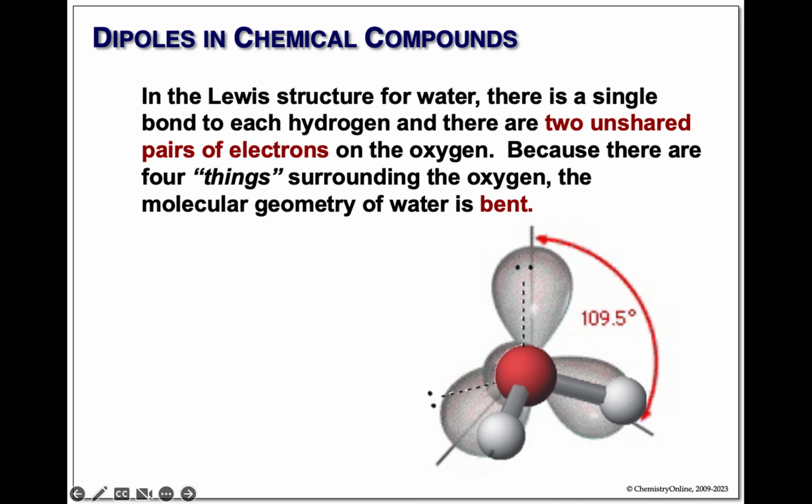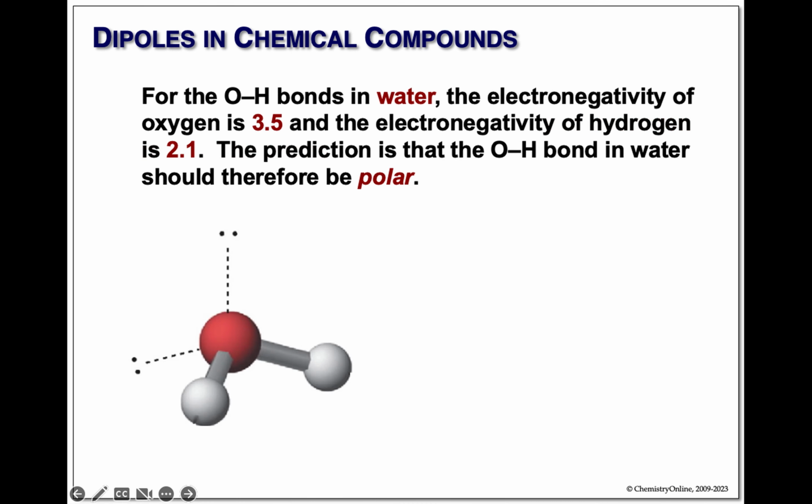Now, why is that important? It's important because, as we said, these have different electronegativities, don't they? So just like in HF, we would expect this bond and this bond to have a dipole.